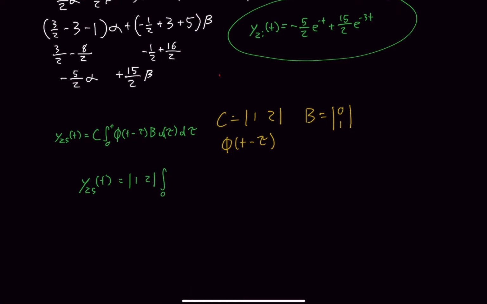This is a convolution integral. So I'm just going to write phi of t minus tau times 0, 1, and then our u of t was 8 e to the minus 4t.